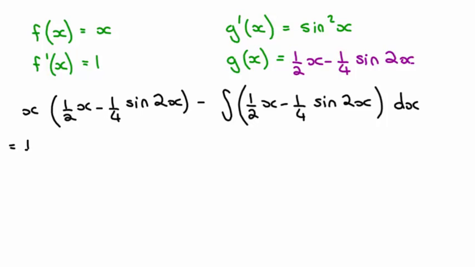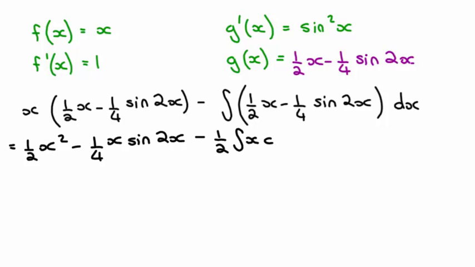This I can just times out, so I've got a half x squared minus a quarter x sine 2x. Then here I'm going to split, so I've got minus a half the integral of x with respect to x. Minus and a minus is a plus, a quarter integral of sine 2x with respect to x.